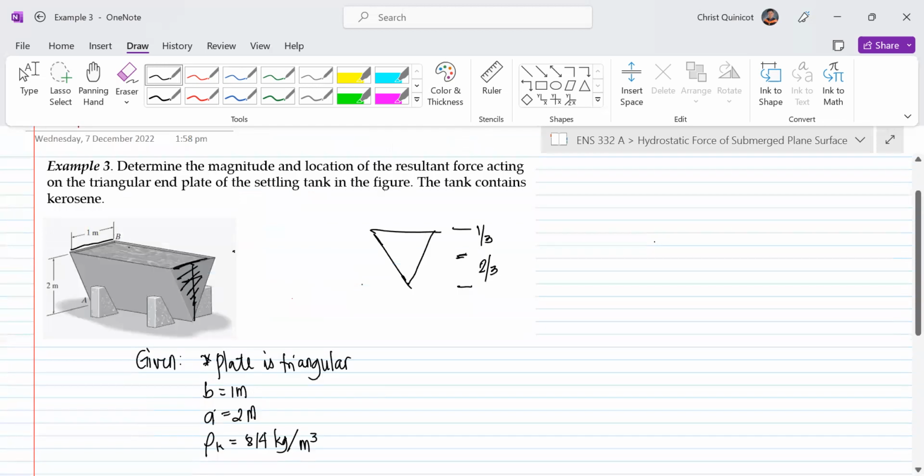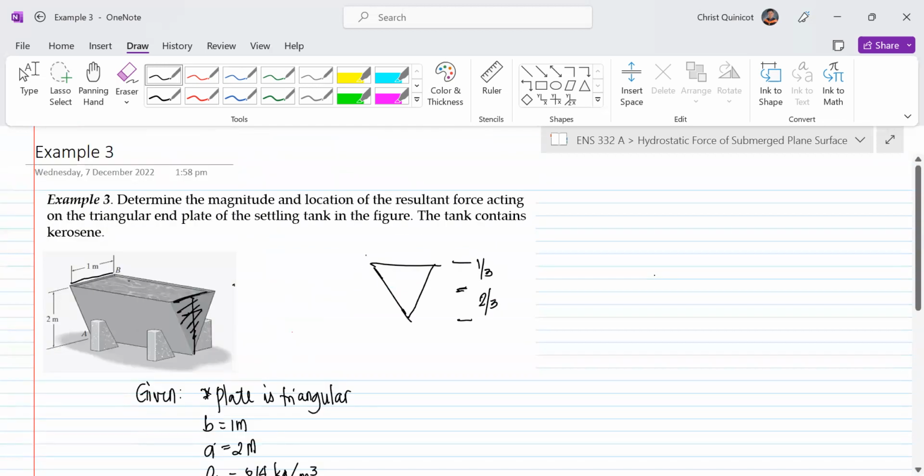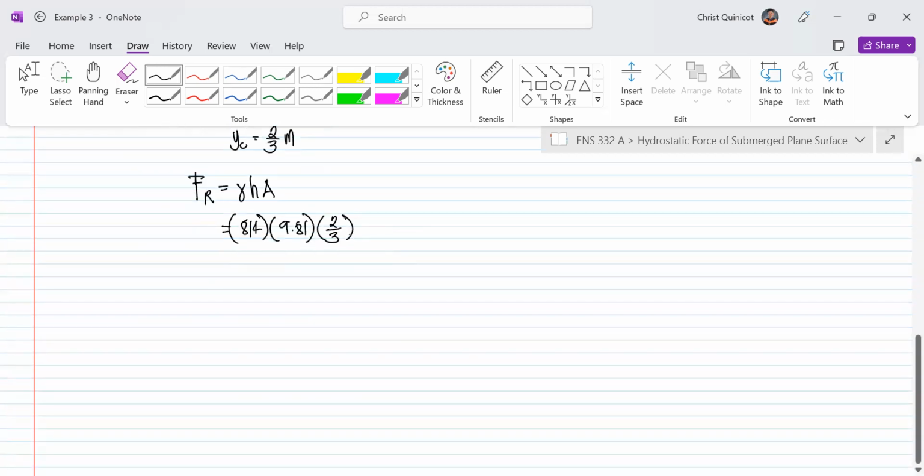Now for our area, of course, the area of a triangle is 1/2 base times height. That is 1/2 times the base, which is 1 meter, times the height, which is 2.